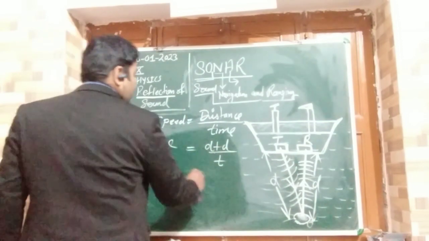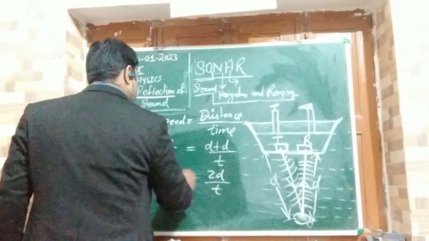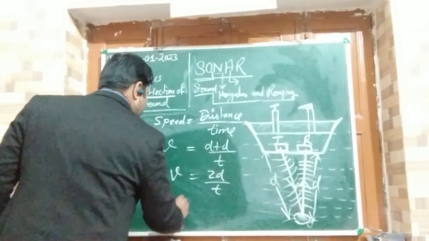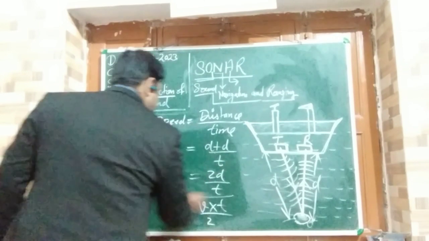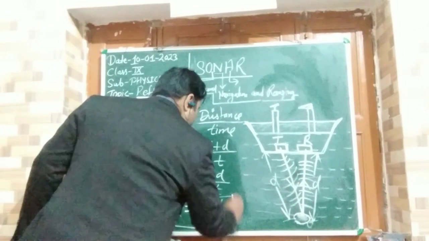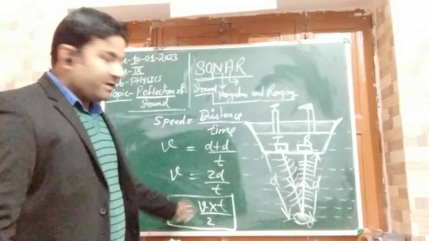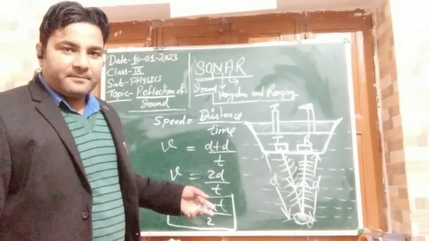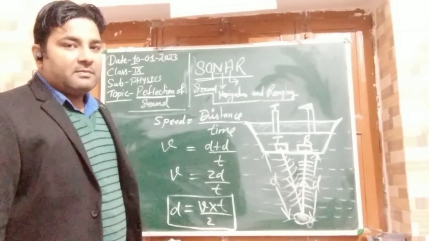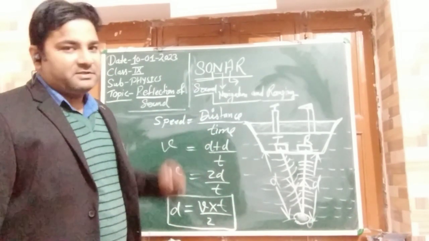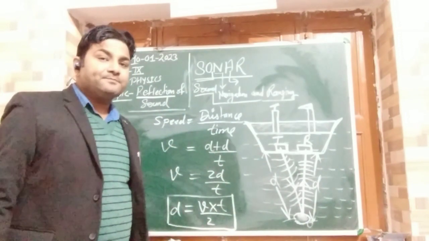Then D plus D means 2D upon t, so v is equal to 2D upon t. Then D can be calculated by v into t upon 2. This is the required formula. By using this formula, we can calculate the distance of an obstacle or object from the particular setup, I will say the transmitter and receiver setup. Clear? With the help of this formula, we can find it out.